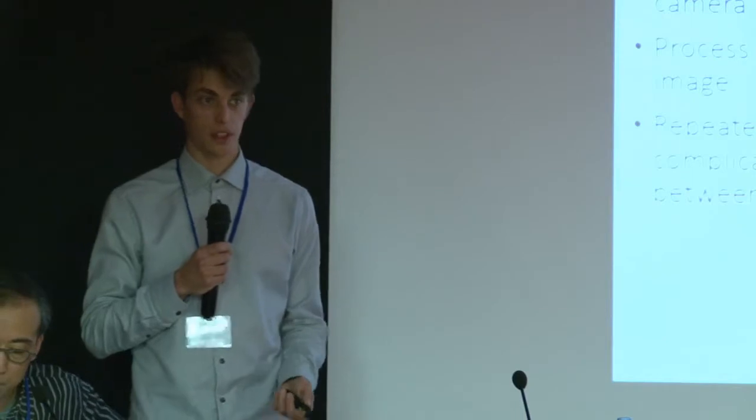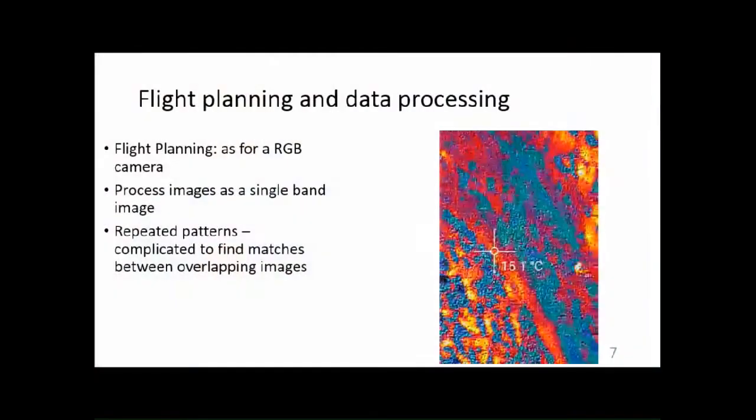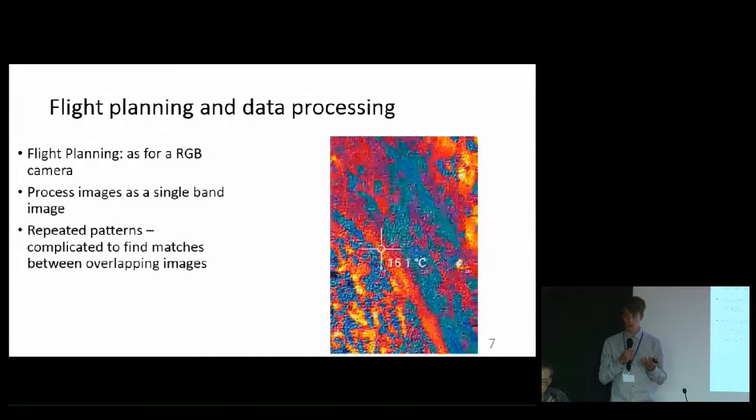And obviously, as the thermal camera only stores temperature, you should process the images as a single band image. One of the key challenges when working with thermal cameras, for me personally, is that, as I said earlier, one of the key principles for this image-based modeling approach is finding matches between overlapping images.